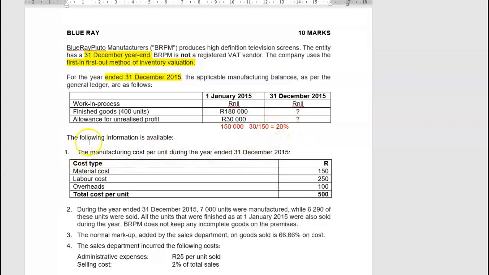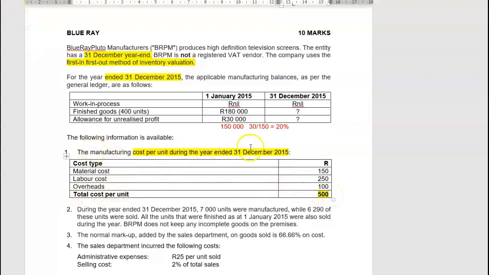Then they also give us the following information. They say that the manufacturing cost per unit during the year ended 31 December 2015, that is the current year, was 500 Rand per unit. That entails the material, the labor, and the overheads, in total 500 Rand.